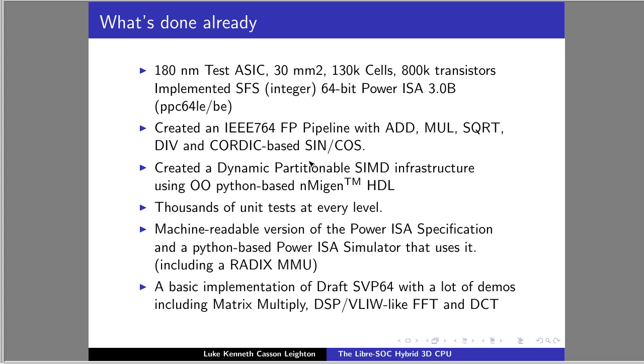Anyway, that was a lot of work that has gone into that, but we just didn't have time to integrate it into the test ASIC, because we have to finish off the exceptions and the rounding to be compliant with the Power ISA.